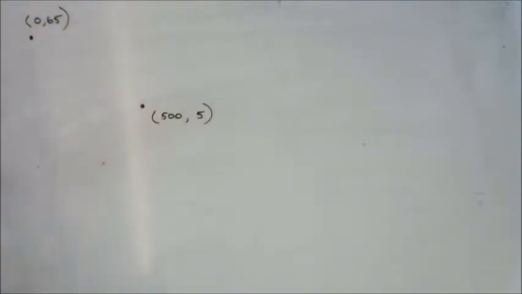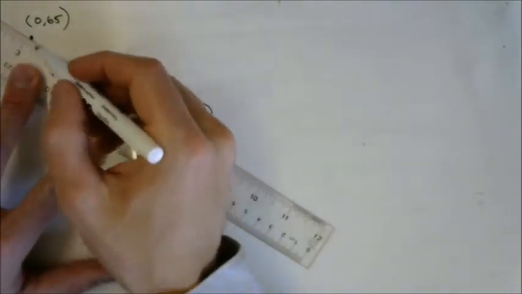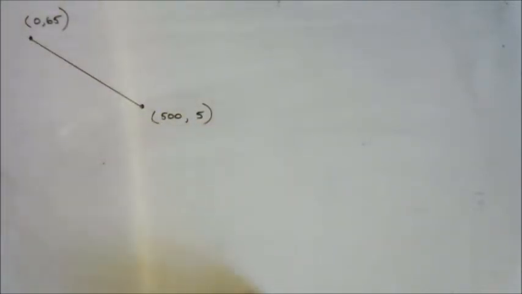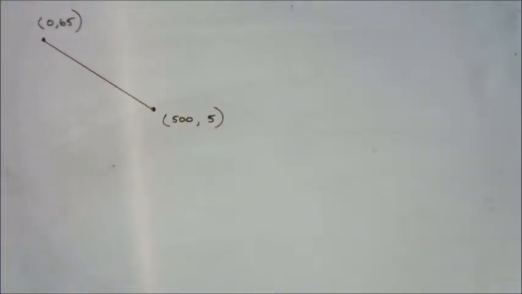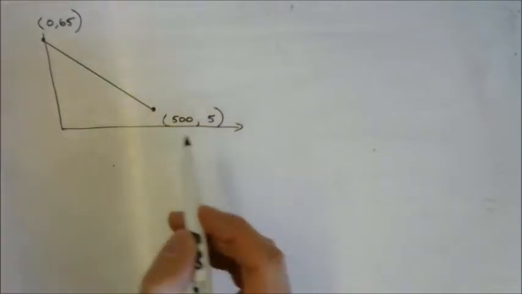And then you're going to use a ruler to draw a straight line through those points. So we are told exactly what the fuel consumption looks like. I'll just draw my axes quick.